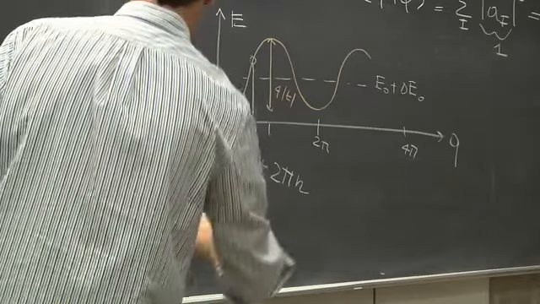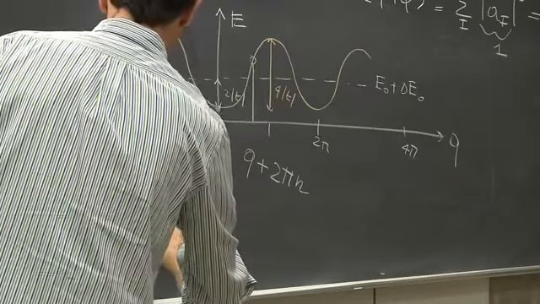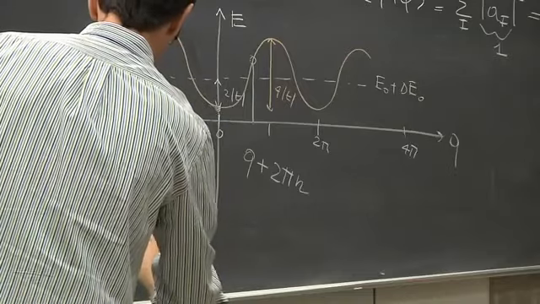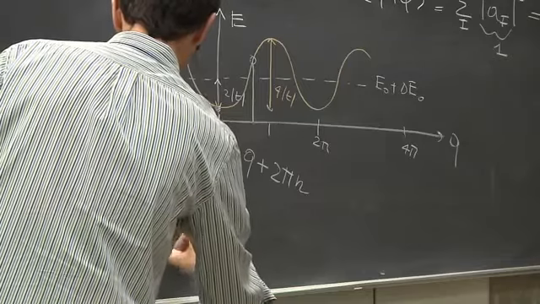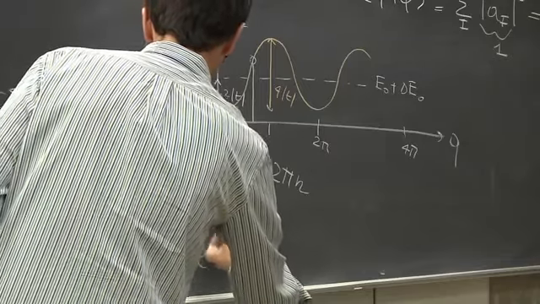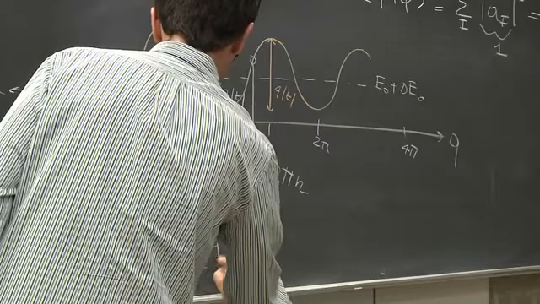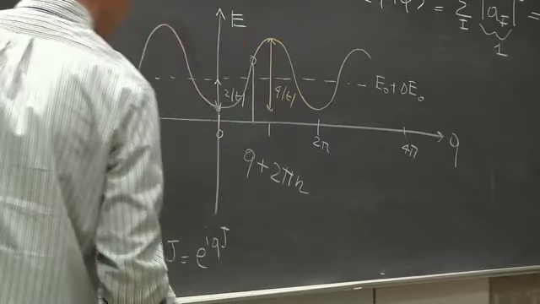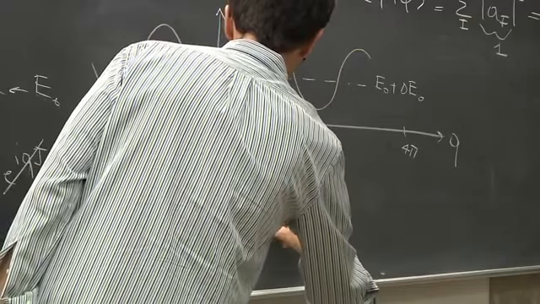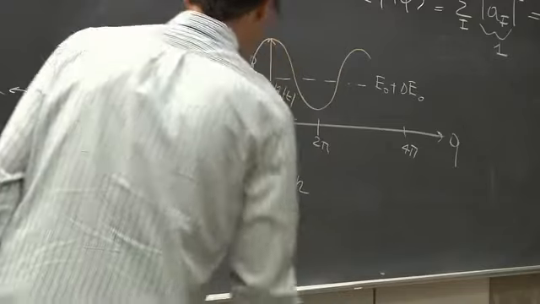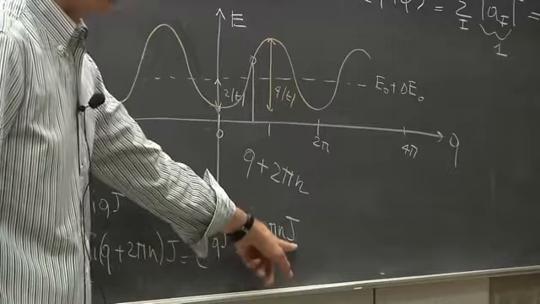So take another. e to the i (q plus 2 pi n) j is equal to e to the i q j times e to the i 2 pi n capital J, but n capital J is also an integer.